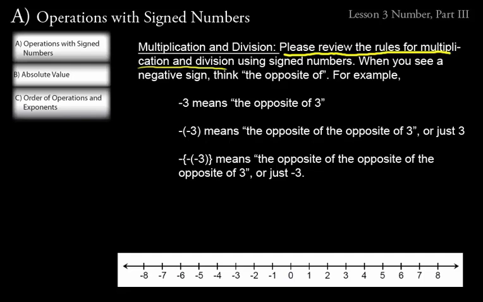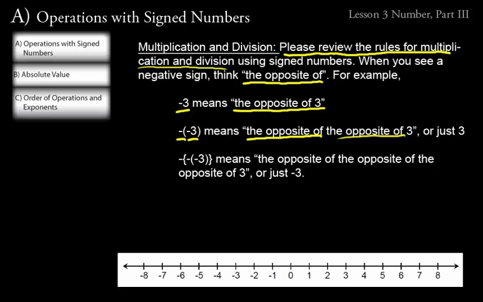We talked about that earlier, but that phrase, the opposite of, that is important to think about negative numbers like that. So, for example, negative 3, that means the opposite of 3. Minus a negative 3, therefore, means the opposite of 3, or just positive 3. Think about what we just said there on a number line.